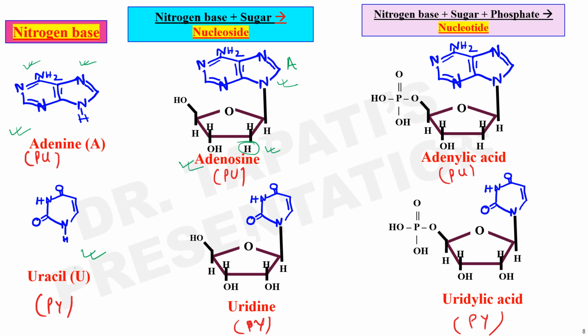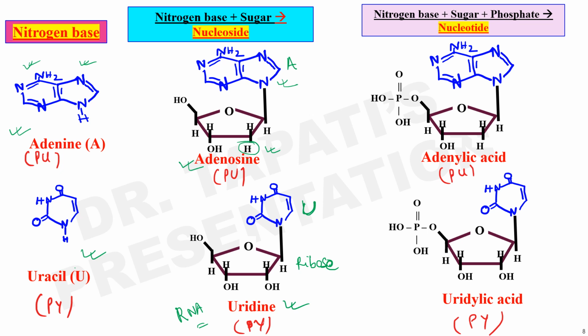And when uracil is attached with ribose sugar, it is known as uridine. Already I told you uracil is only present in RNA. So uridine is only present in RNA.